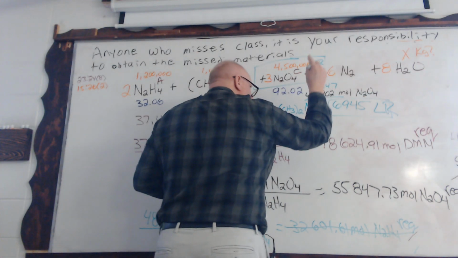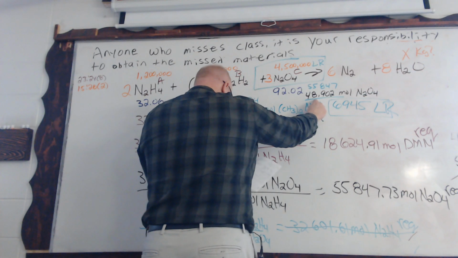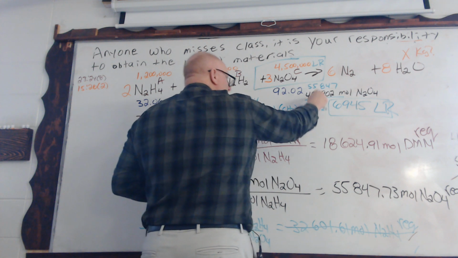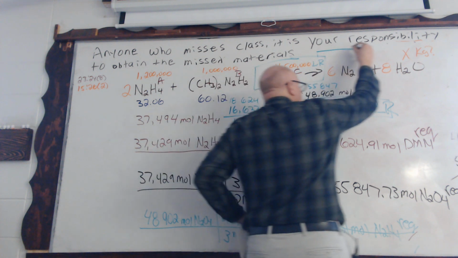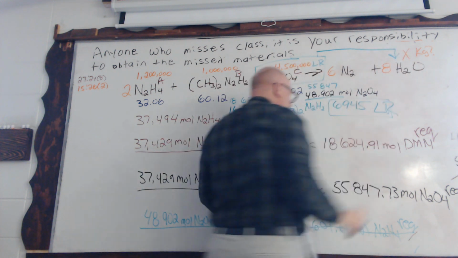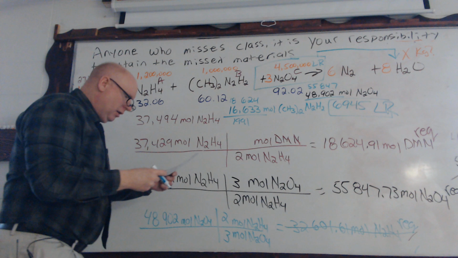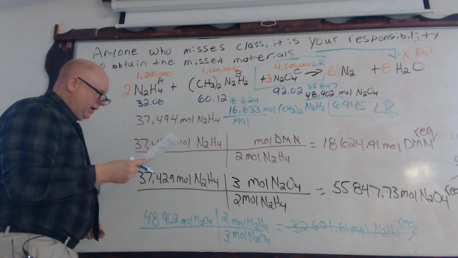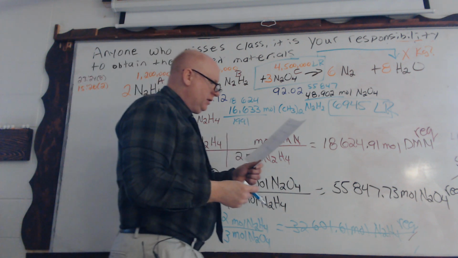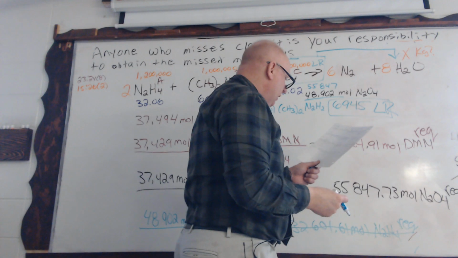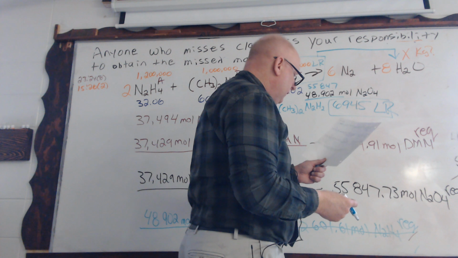I'm sorry. Yes, you have to make sure that you begin with what you actually had. So 48,902 moles of this substance. You convert that to kilograms of water, and you take 48,902 times 8 times 18.02, then divide that by 3.